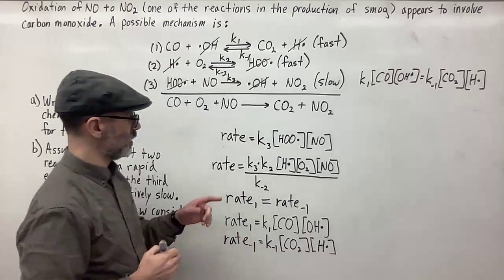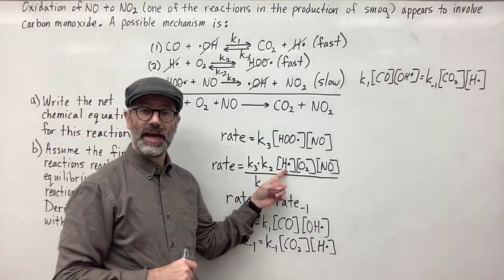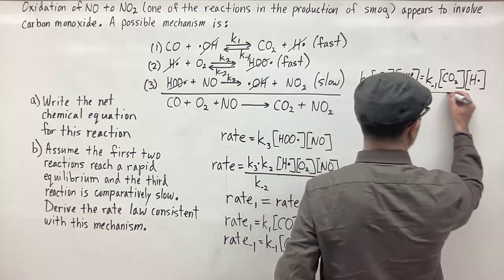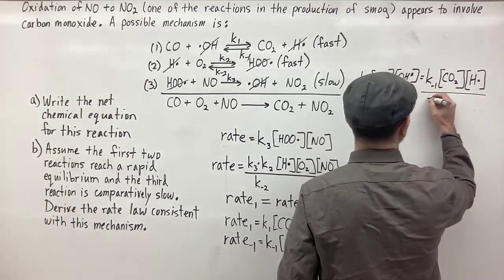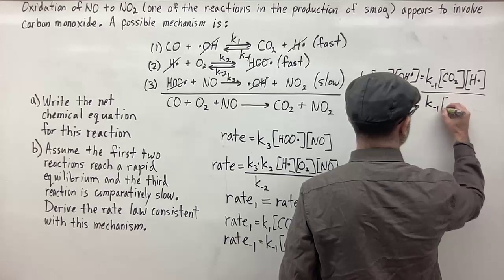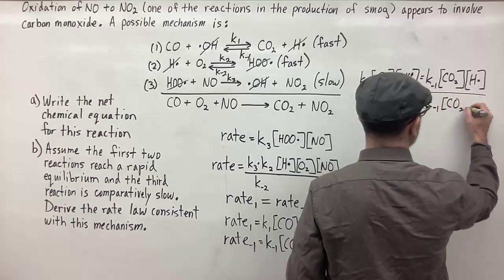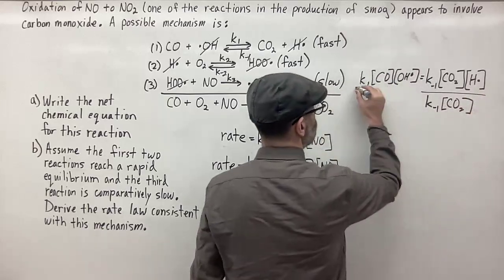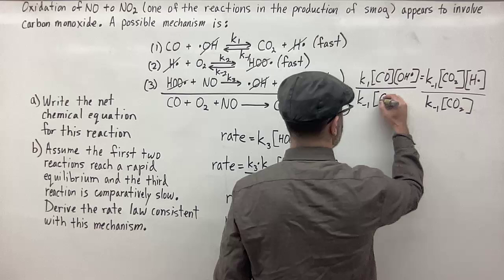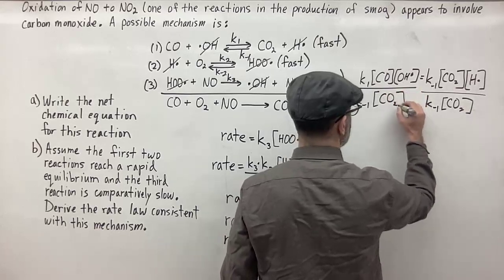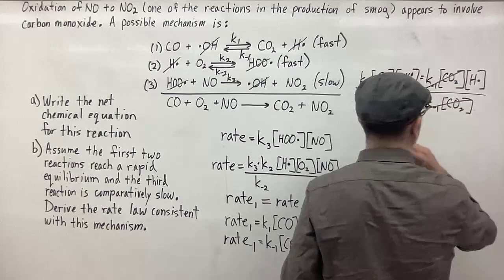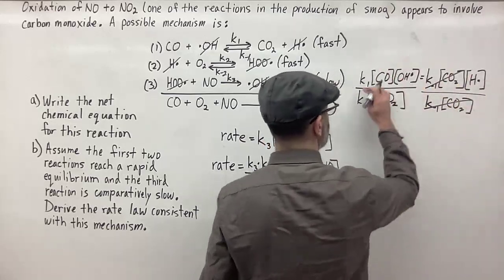And since we're trying to substitute in for the H radical, we solve this for the H radical. So we're going to divide both sides by K minus 1 times the CO2 concentration. Then this cancels out, and you've got this equal to this.